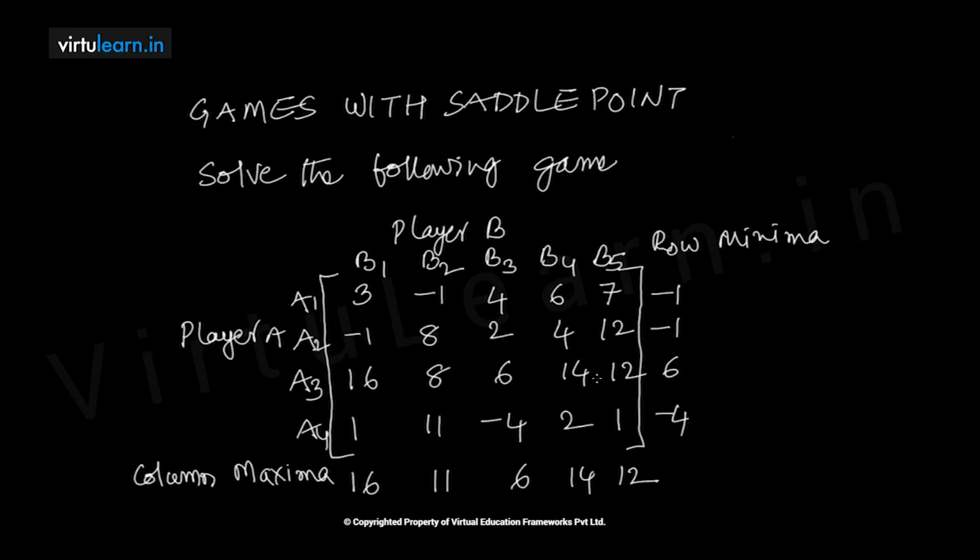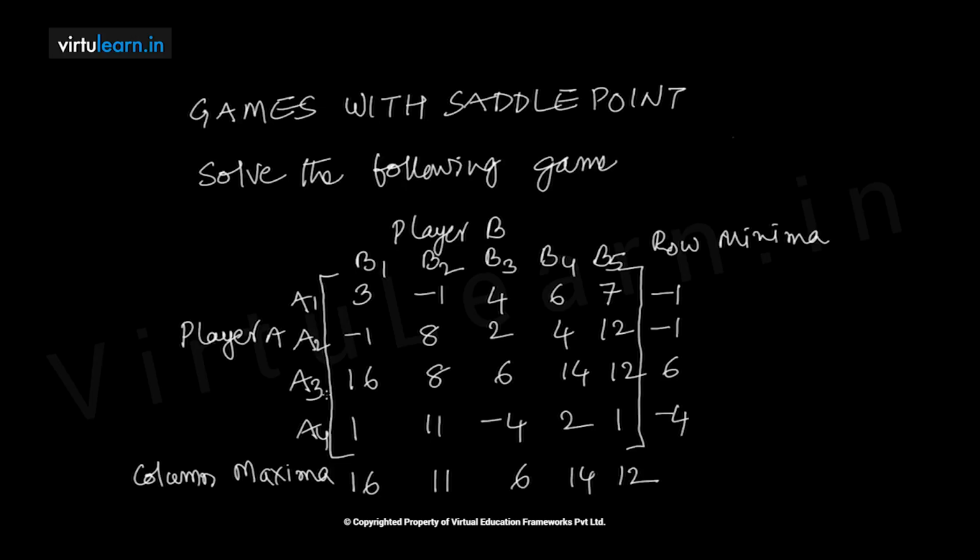So here player A wants to maximize his minimum gain, and similarly player B wants to minimize his maximum loss. That is the reason column maxima is written. Column maxima is written to know the maximum loss that can occur to player B when he chooses B1.